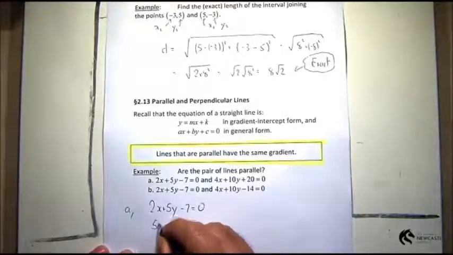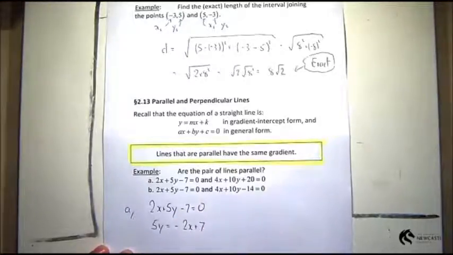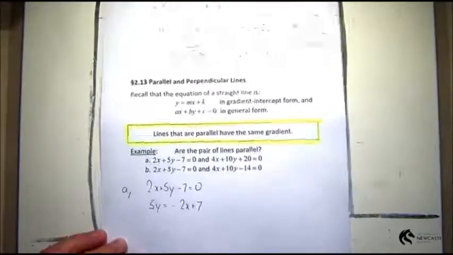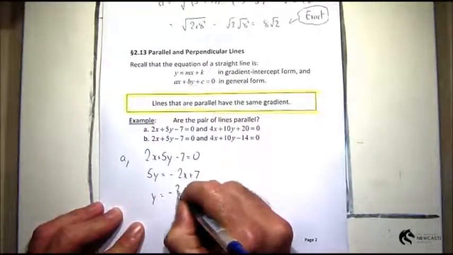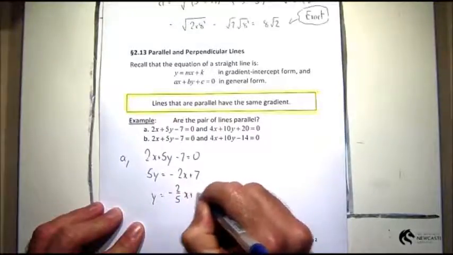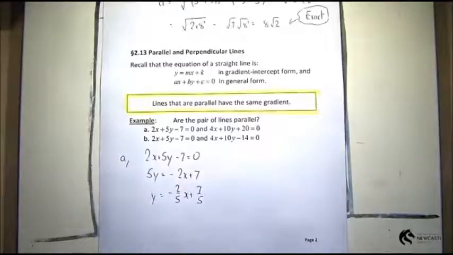So therefore 5y is equal to minus 2x plus 7. And so y is equal to minus 2/5 x plus 7 on 5. So there is that equation in gradient intercept form.